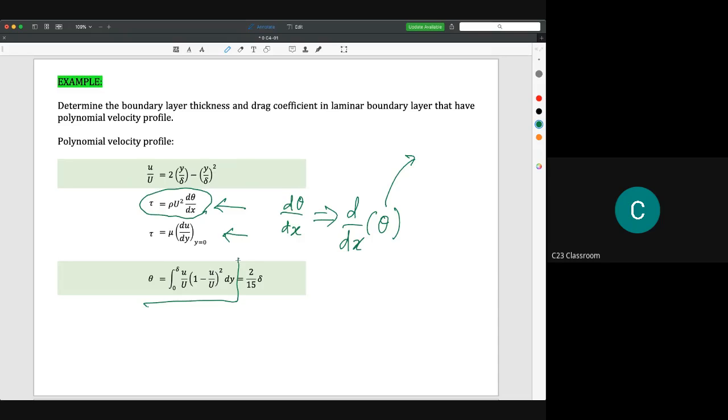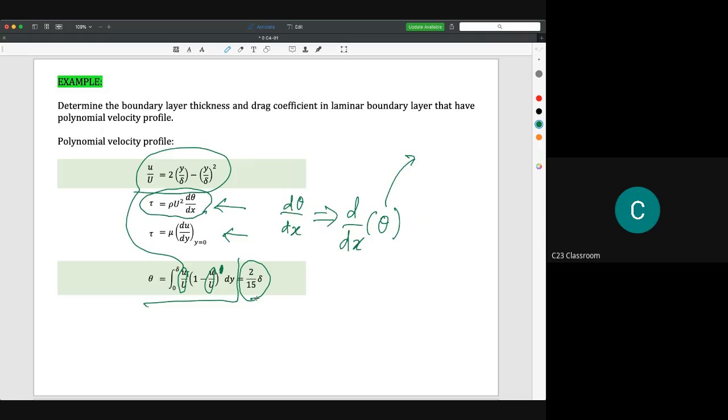I think we don't have this square. Yeah, I'm sorry, so we have u over U times 1 minus u over U. If we substitute the value of u over U here, we could get theta is equal to 2 over 15 delta.